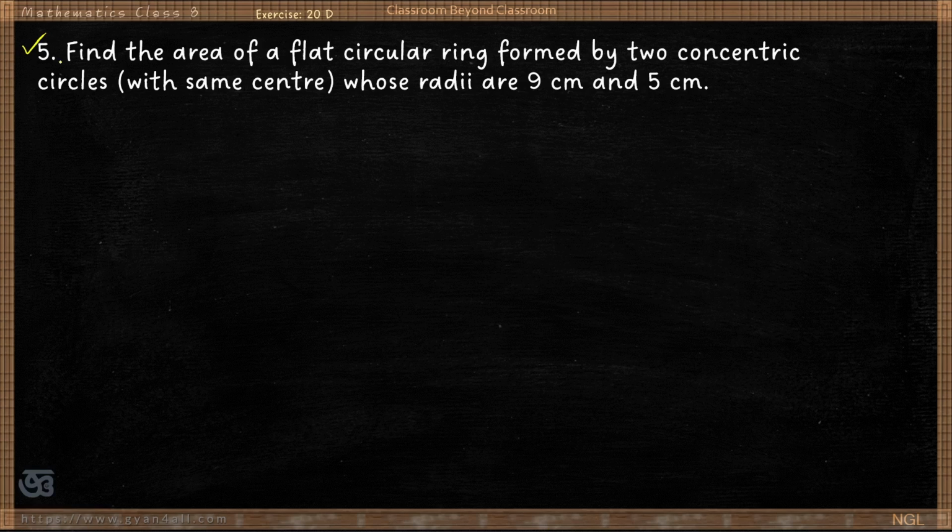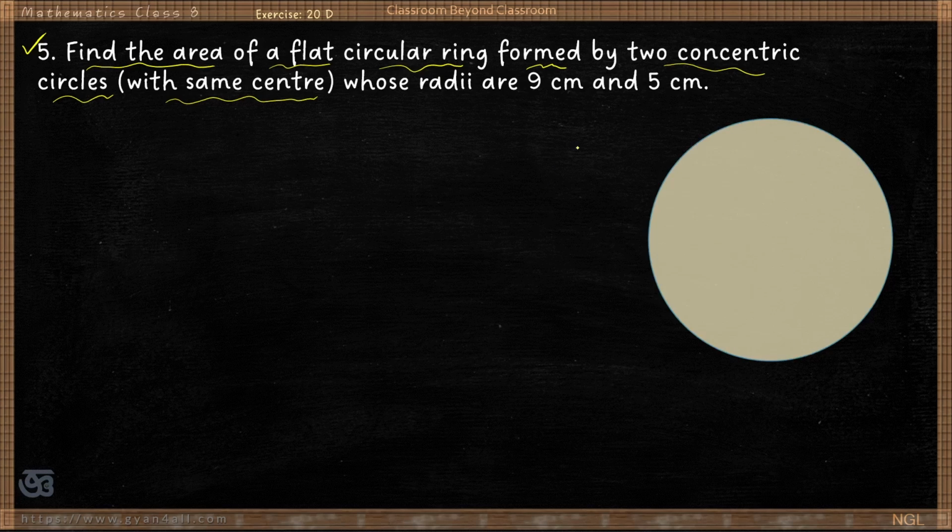Question number 5. Find the area of a flat circular ring formed by two concentric circles with the same center, whose radii are 9 meter and 5 centimeter. So there are two circles with the same center, that is called the concentric circle.